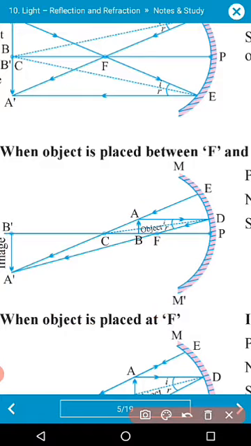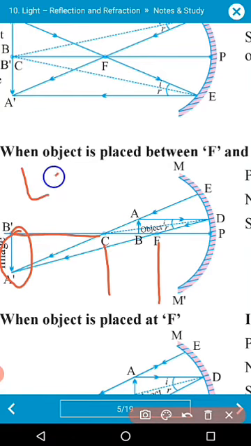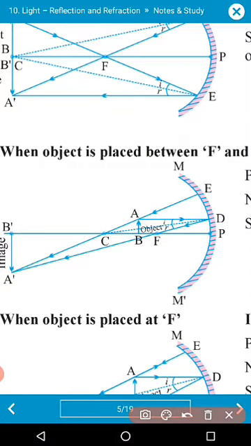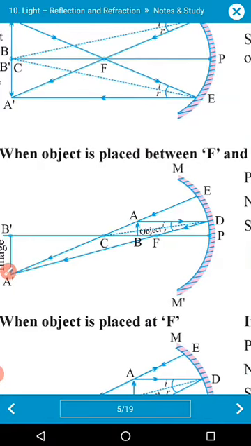Whenever I put my object between C and F, the image is formed beyond C. The image is formed beyond C, and the nature of the image is real and inverted, and the size of the image is larger than the object. So the size of the image is larger compared to the object. Understood? Okay, so this is as in the previous case when I put my object beyond C.